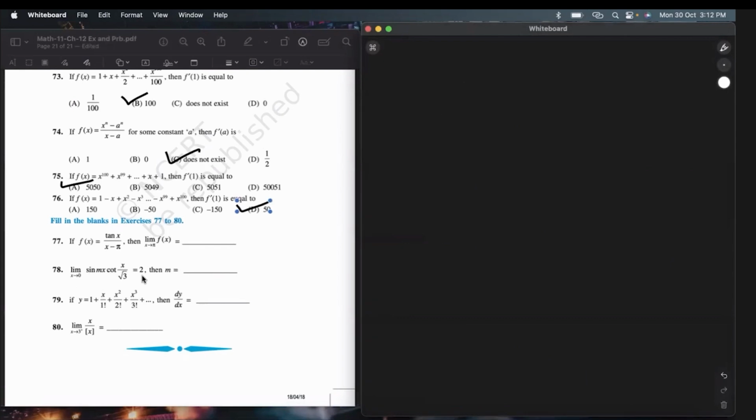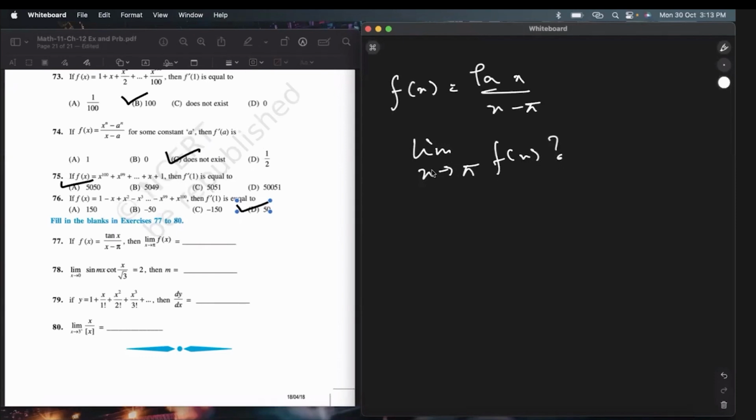Now, moving on to the next question. It has been given that I have a function f(x) as tan x upon x minus pi, then the limit as x tends to pi, I have to find the value of f(x).